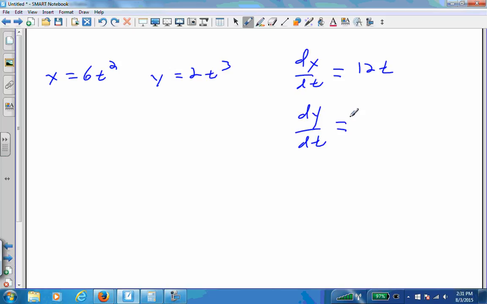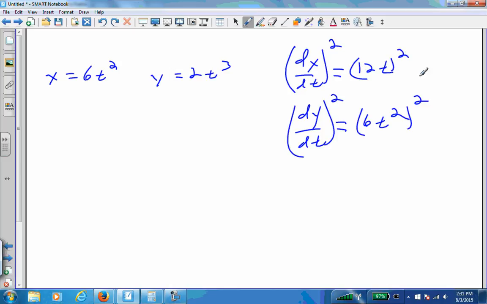What's dy dt? 6t squared. We need each of those squared. So what's that? 144t squared. And then 36t to the 4th.